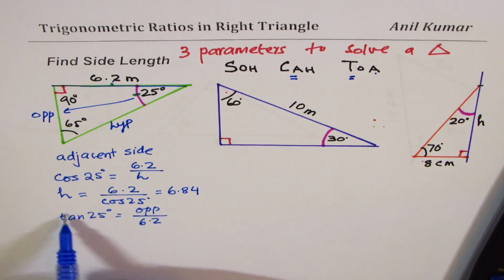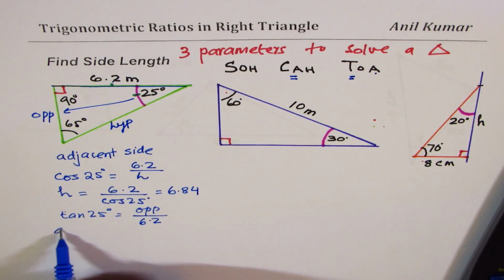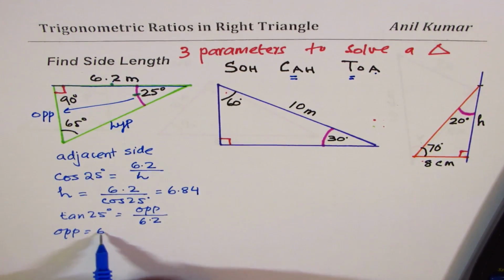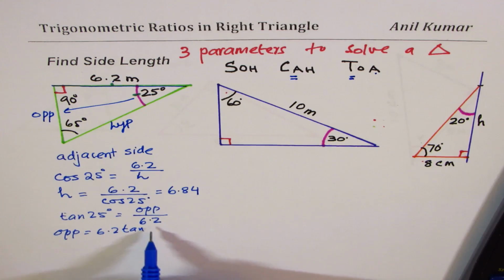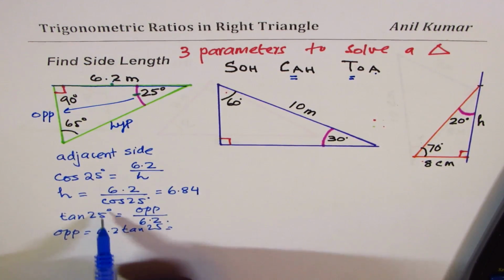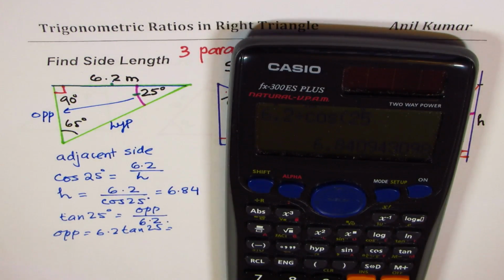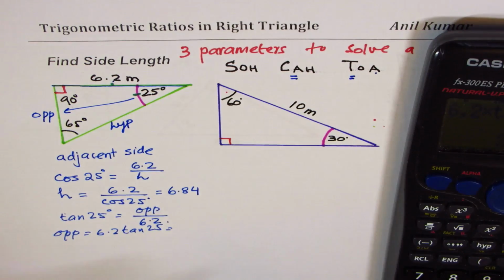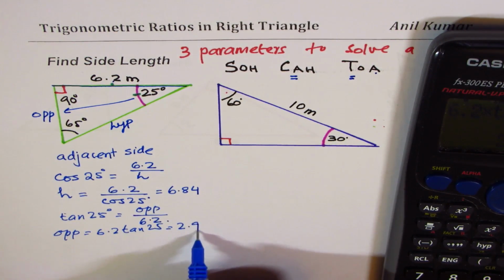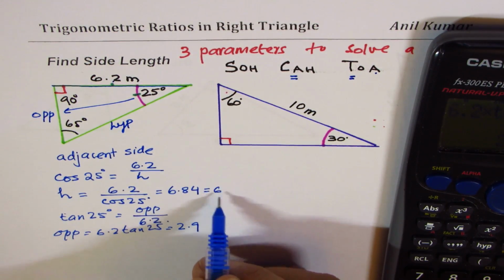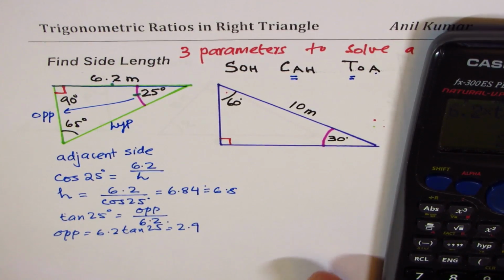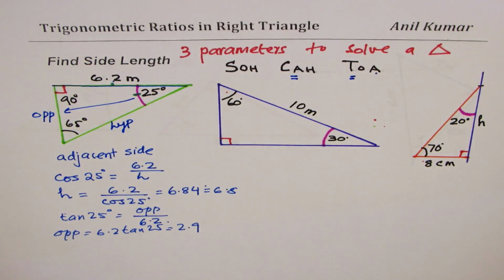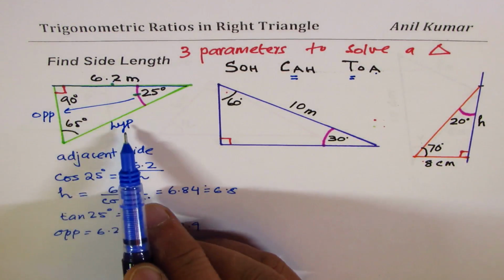So the opposite side is 6.2 times tan of 25. Is that okay? These are degrees. We get 6.2 times tan of 25, which is 2.89, so we'll just call it 2.9. We can round this to 6.8. Okay, so that is how we have solved this triangle with reference to sides.